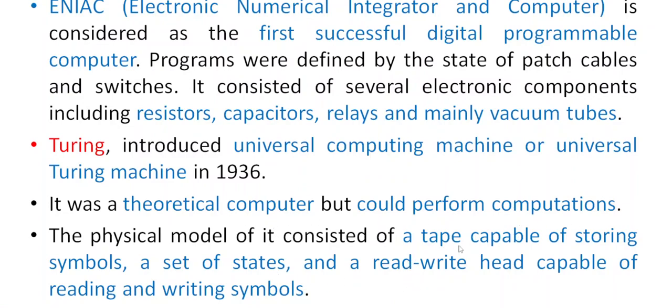It just consisted of a tape capable of storing symbols, a set of states, and a read-write head capable of reading and writing symbols. The head moves along the tape and can read or write it. We are not getting into the details, but all the computations like addition, subtraction, etc. can be computed using this theoretical computer or Turing machine.